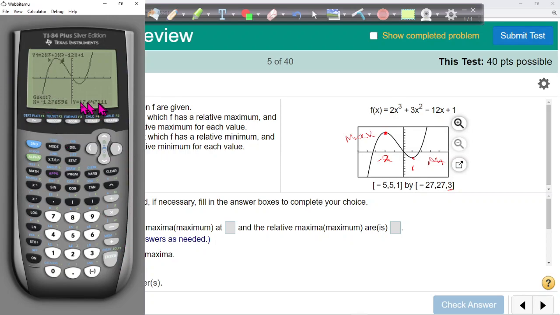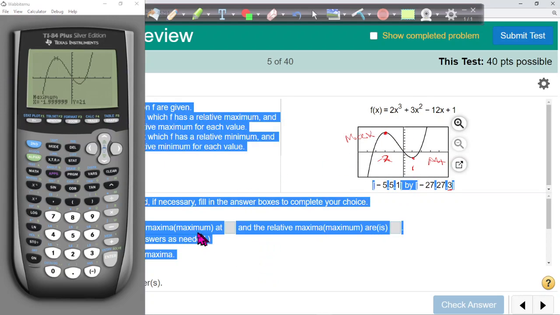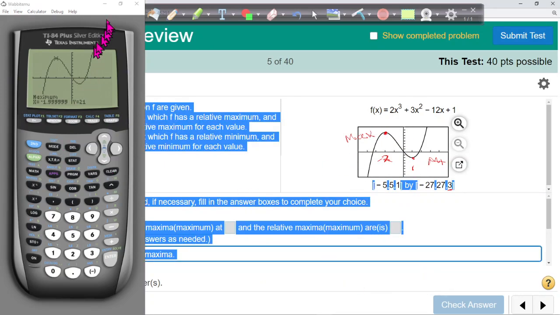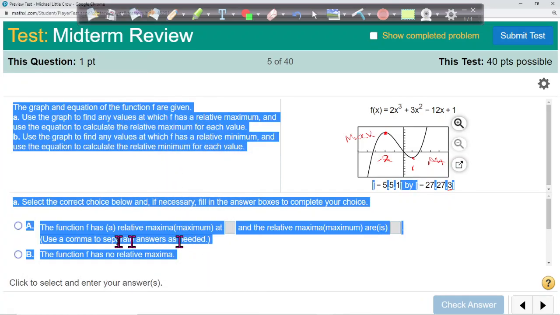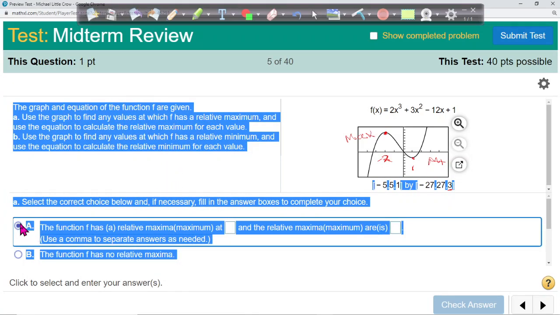Sometimes people will put in the guess, but that's not the answer. The answer is here. The maximum is at -2. This would round to 21. So that is actually 21. You might have been able to count it, but not me. So we choose the function f has a relative maxima.